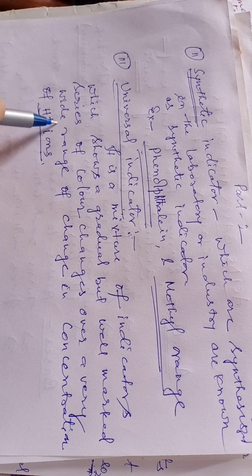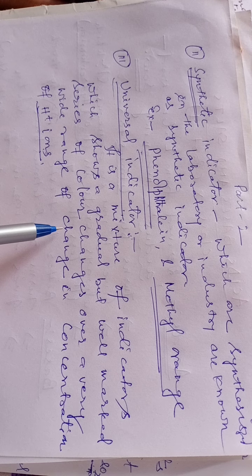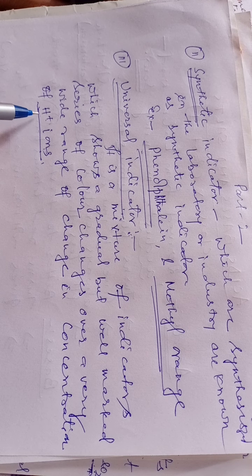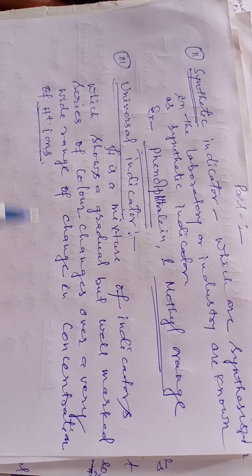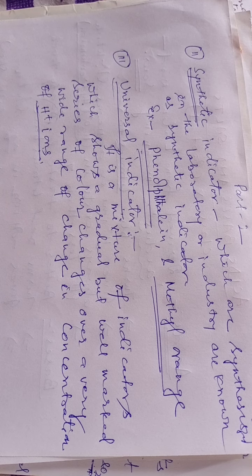If the hydrogen ion concentration is more, it shows deep color, and the color will gradually be reduced. So, universal indicators are also used nowadays.